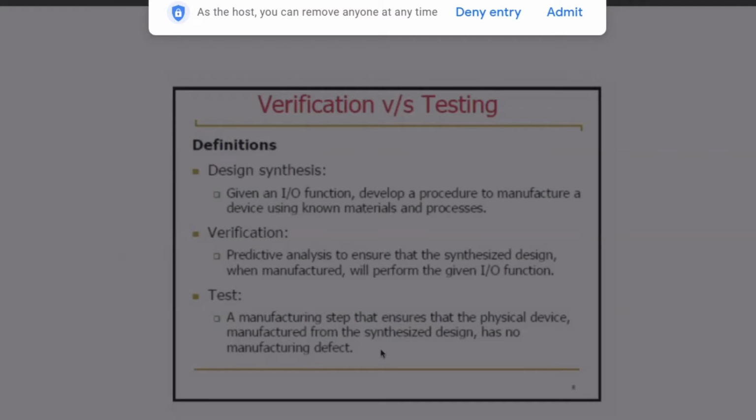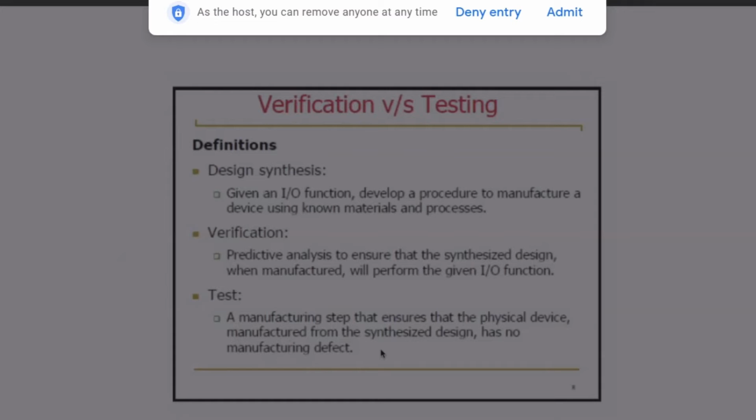So basically, verification is related to when we have just created a design, like we have a function, and that function adds two inputs. We will check multiple cases on how many inputs it is doing this correctly, that it is doing correct addition.